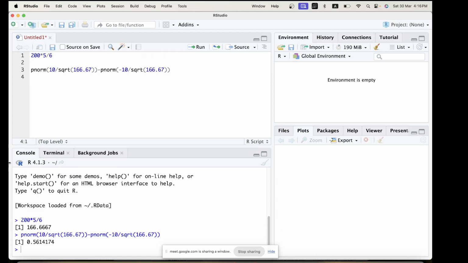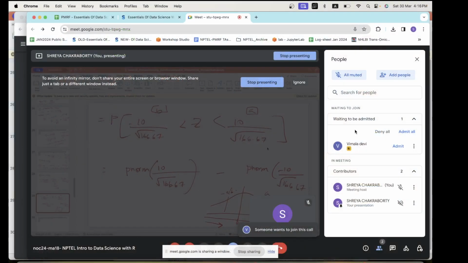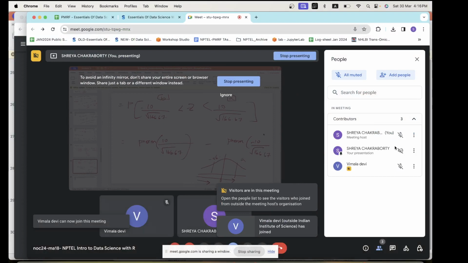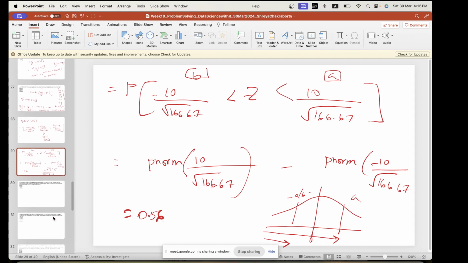So that is 0.56 something. So this comes to 0.56. Alright.